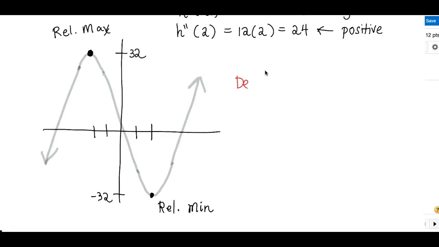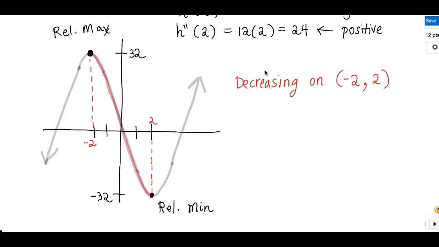And I have a beautiful picture where I can just read the increasing and decreasing intervals. I can clearly see this graph is going down from my relative maximum to relative minimum. So it's decreasing on negative 2 to, this point right there is positive 2. So on this interval right here it is decreasing.